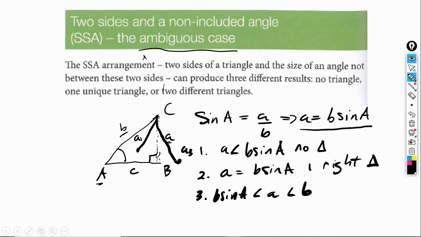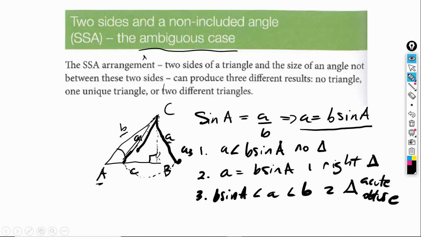In this case, we would have two possibilities of this length, because if this is true at this point that it forms a triangle, then if we swing it, we could also form another triangle here with that same length. So that means there's two possibilities here. So if A is somewhere between B times sine of A, but still less than B, then we would have two triangles, not right triangles. By the way, one would be acute, and the other one would be obtuse.